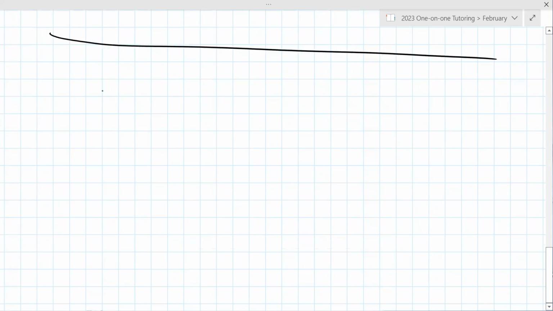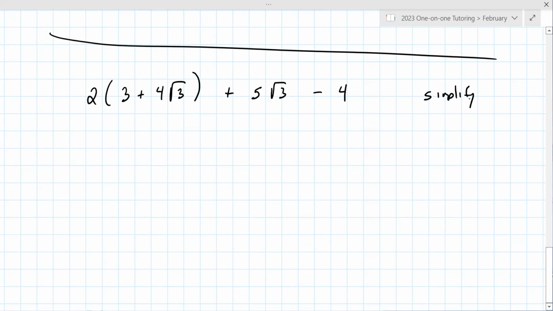So just a couple things I noticed there. Let's say I gave you a problem like this: 2 times 3 plus 4√3 plus 5√3 minus 4. Could you simplify this for me, please? Yes.